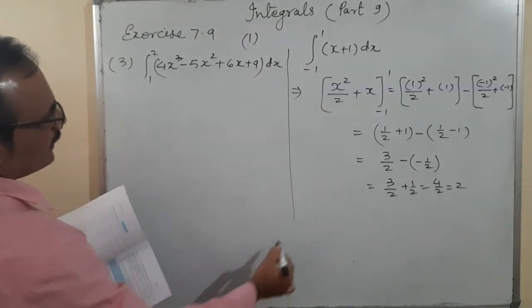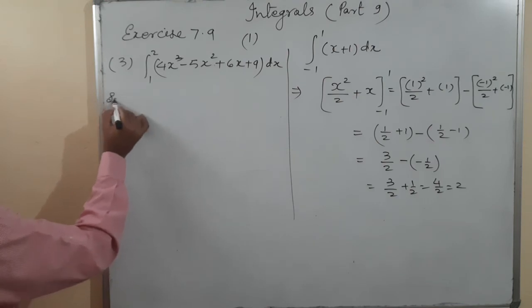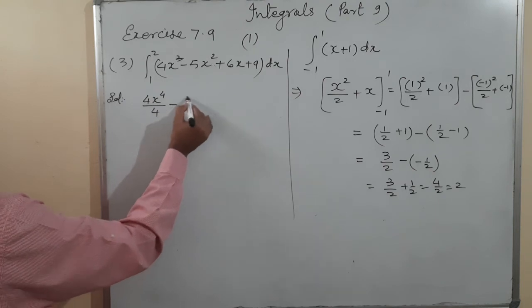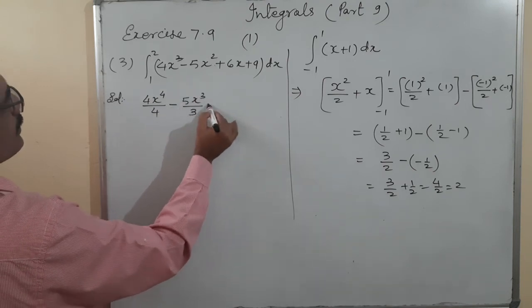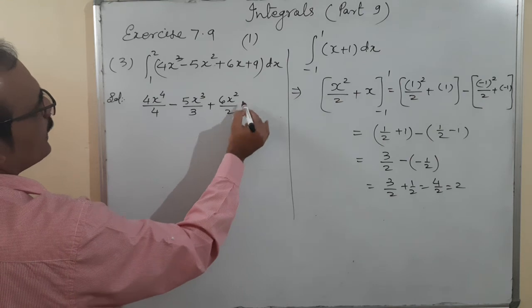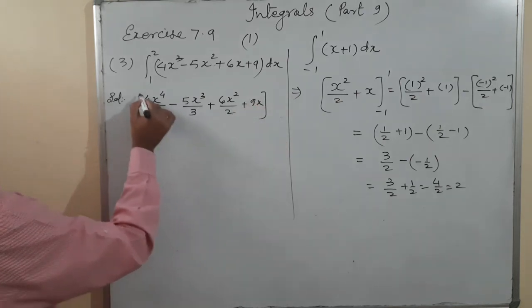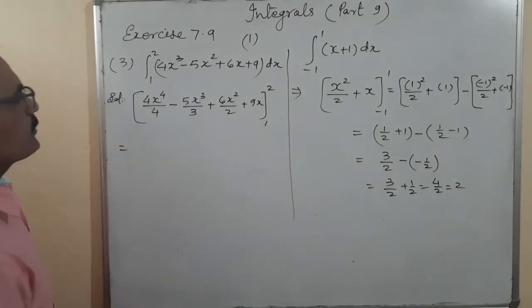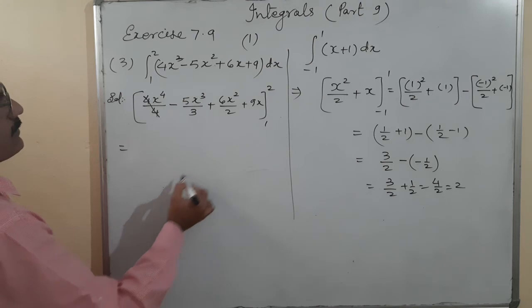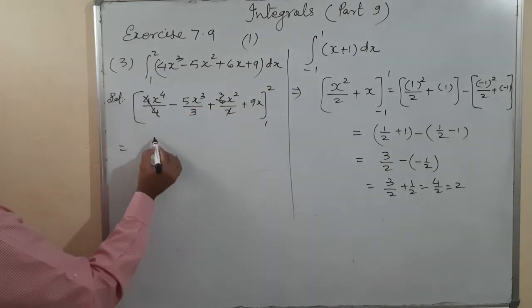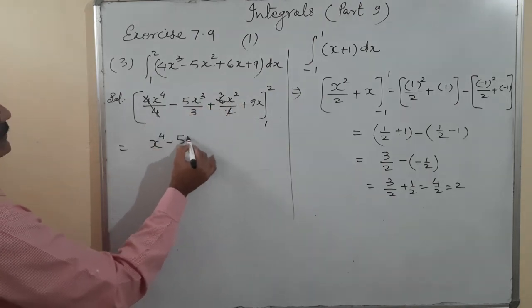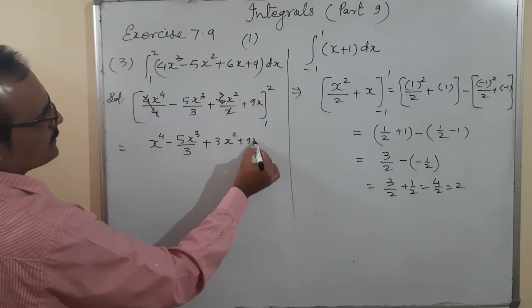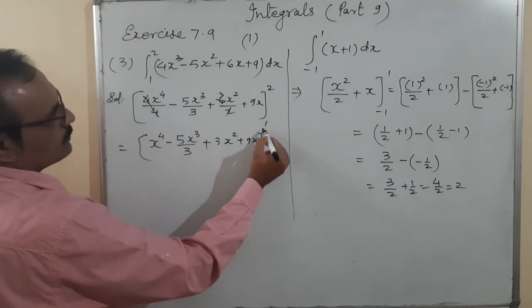Integrate the term: 4x to the power 4 upon 4 minus 5x cube upon 3 plus 6x square upon 2 plus 9x, from 1 to 2. Let us see. Just as we calculated, this 4 cancels with 4, and 2 threes are 6, so I can write x to the power 4 minus 5x cube upon 3 plus 3x square plus 9x, and then 1 to 2.